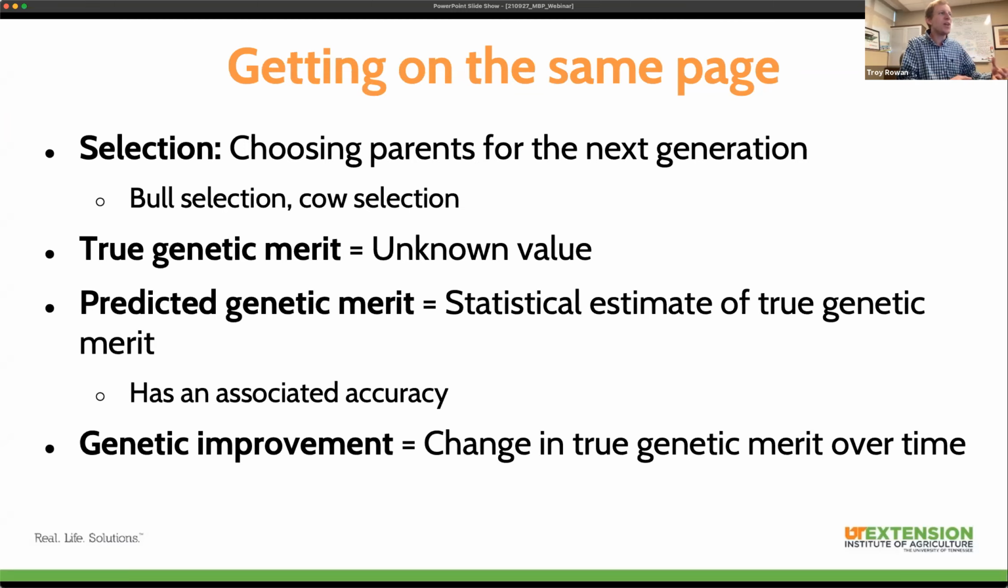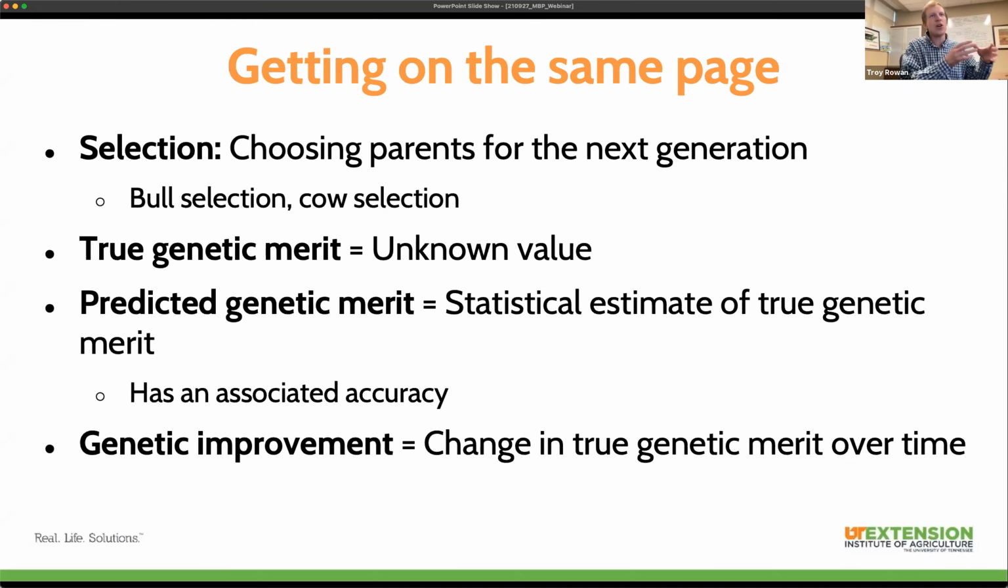Since we can never truly get right on the head of that animal's true genetic merit, we can predict it, but depending on how much information we have on that individual, that's going to affect how accurately this predicted genetic merit reflects the animal's true genetic merit. And then finally, as we talk about this long game of genetic selection, genetic improvement is ultimately the metric that we're concerned with, right?